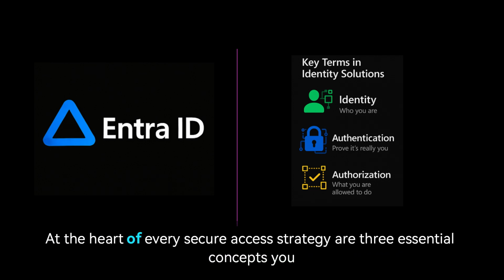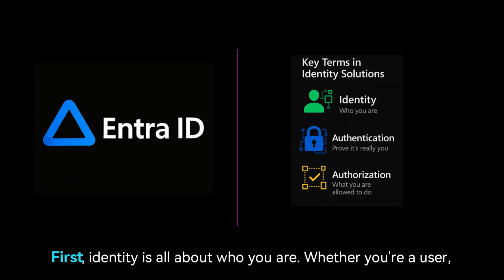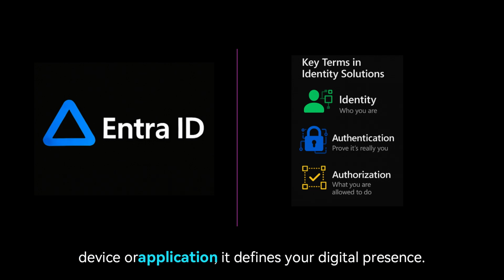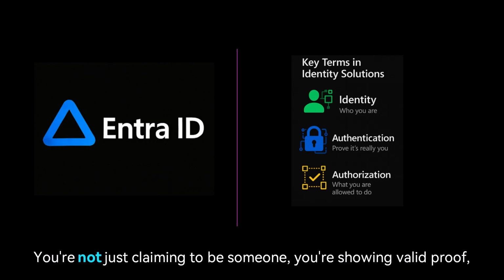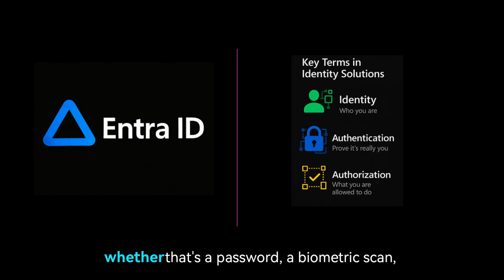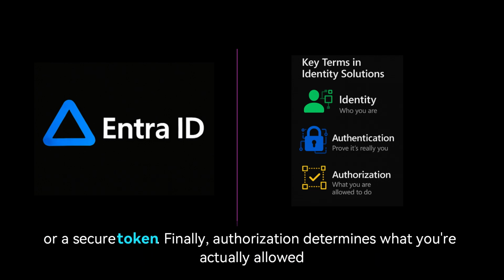At the heart of every secure access strategy are three essential concepts you need to master. First, identity is all about who you are. Whether you're a user, device, or application, it defines your digital presence. Next comes authentication, which is how you prove that identity. You're not just claiming to be someone, you're showing valid proof, whether that's a password, a biometric scan, or a secure token.